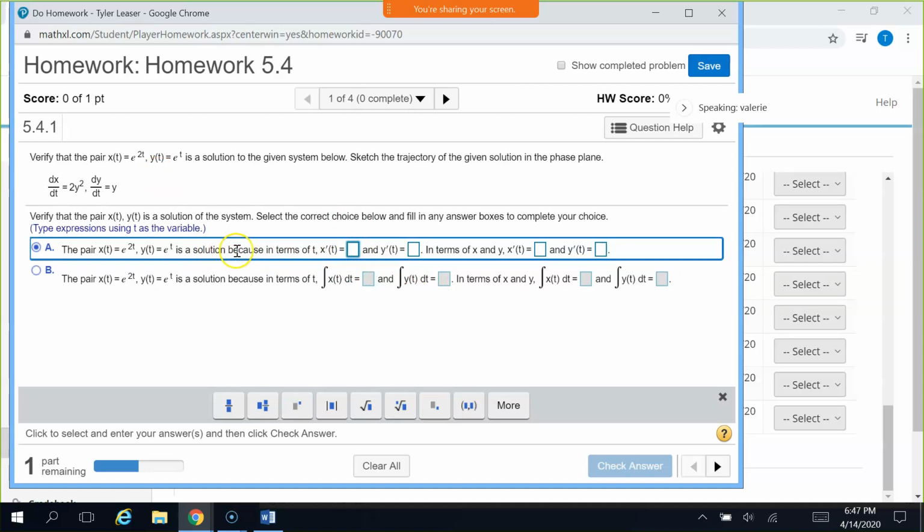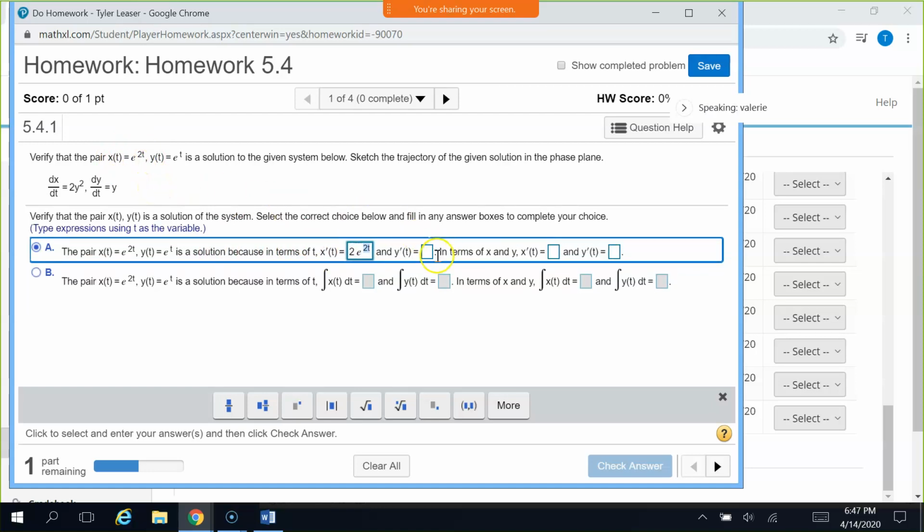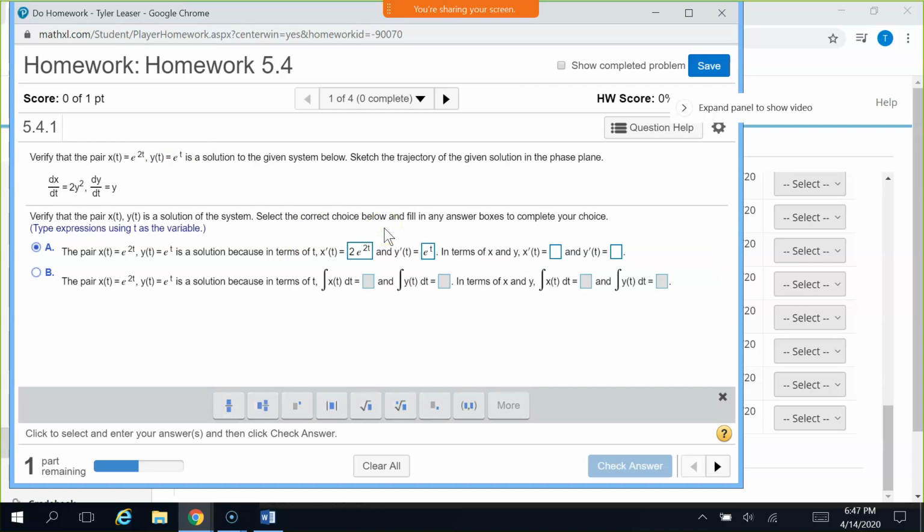So here they want you to take the derivatives in terms of t. If I look at x prime, that's just going to bring down that 2, so 2e to the 2t. Y prime is just the derivative here, which is still just e to the t. What they want you to do next is rewrite these derivatives in terms of x's and y's.